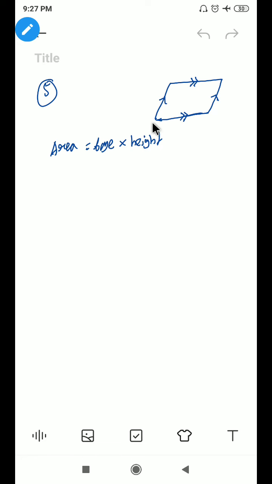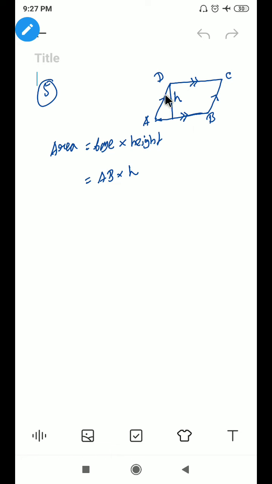What does it mean? Suppose this is a parallelogram ABCD. If you consider AB as a base, and if you know the value of the distance between the parallel sides, this is called the height of this parallelogram. So if this one is h, then it will be AB into h.